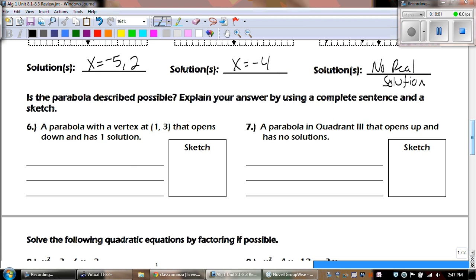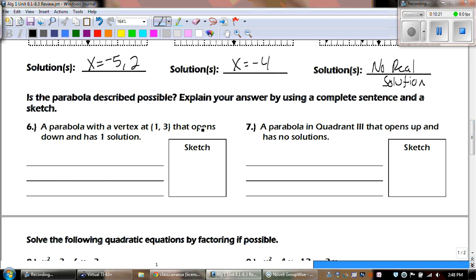Number 6. Is the parabola described possible? Explain your answer by using a complete sentence and a sketch. So, a parabola with a vertex at (1, 3) that opens down and has one solution.